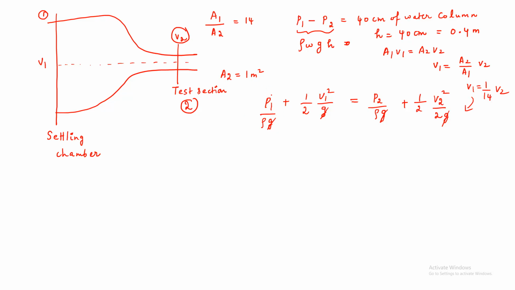Here the pressure is in the water column, but this rho will be for air.